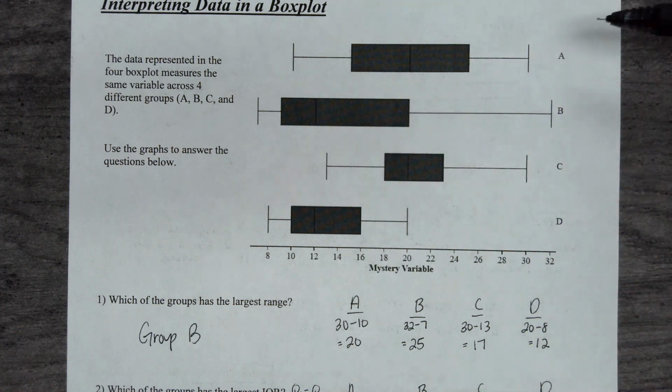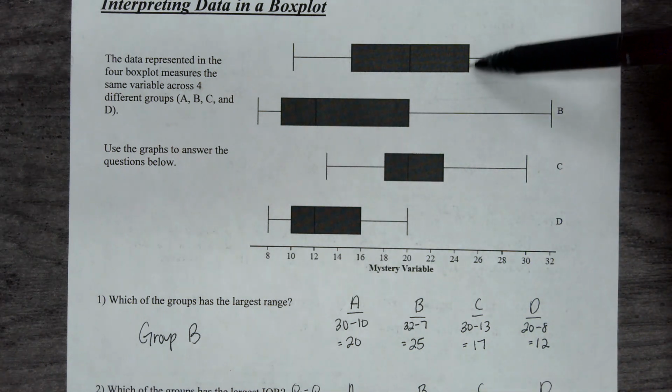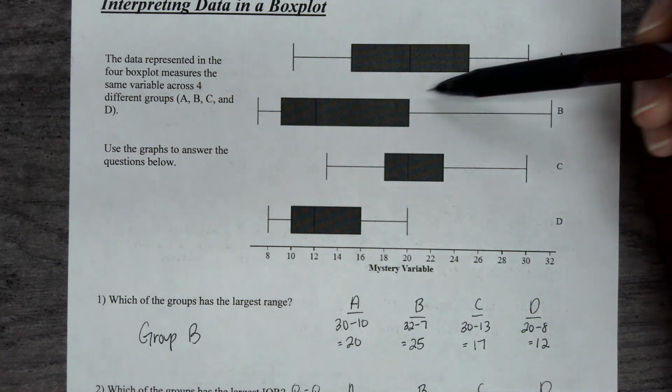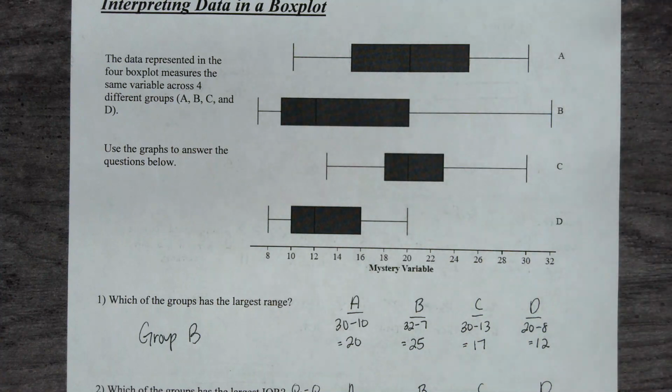So we compared those quartiles here. And obviously the third quartile up here, A is larger than all the quartiles for B.